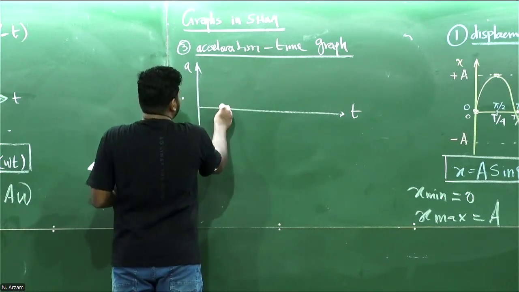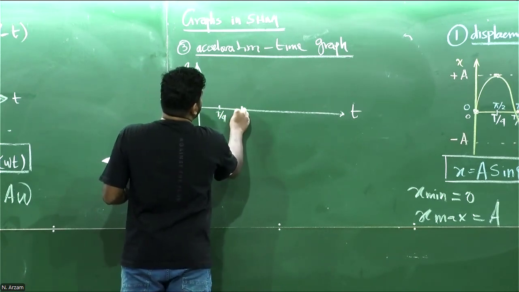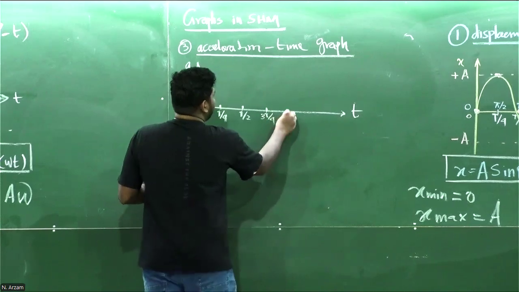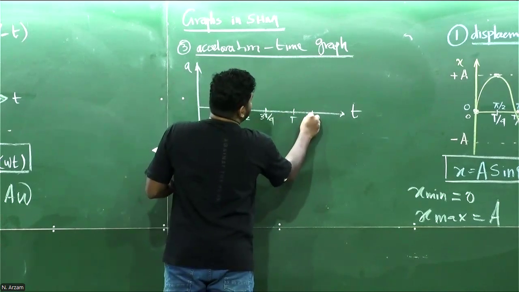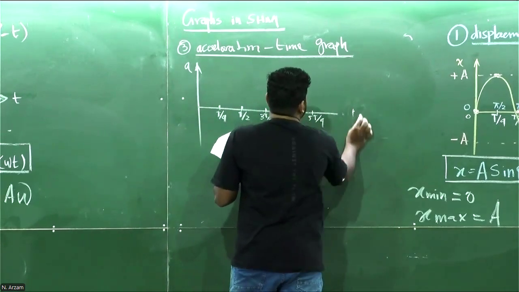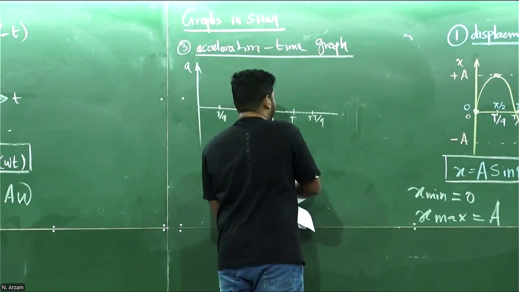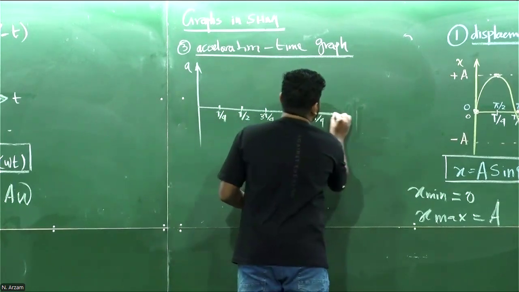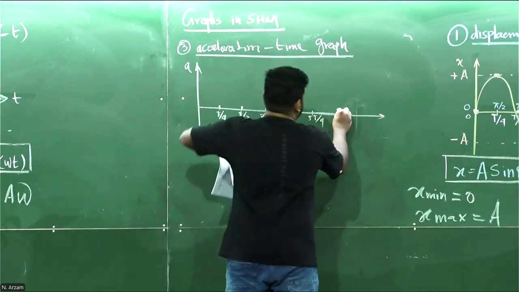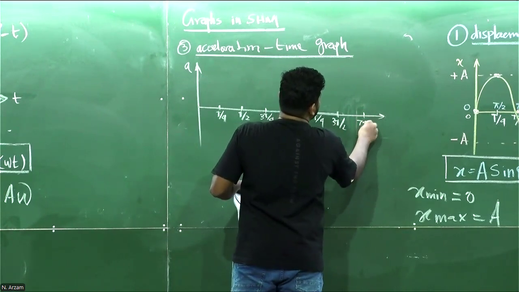You know that T by 4, 2T by 4, which is T by 2, 3T by 4, T, 3T by 2, and 7T by 4.